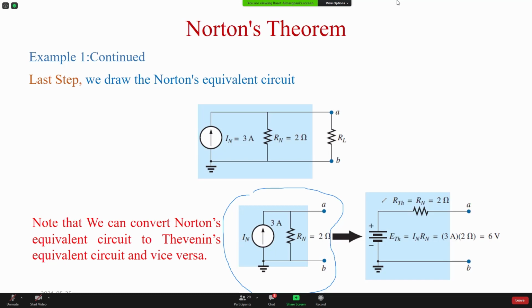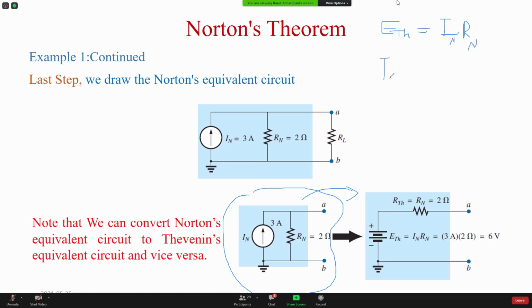If someone says find the Norton equivalent, Thevenin equivalent, you can just go to the Thevenin directly from Norton. R Norton equals R Thevenin. E Thevenin, by Ohm's law, is just I times R. So E Thevenin is I Norton times R Norton.